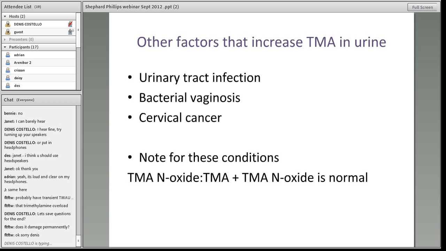They're just an increase in trimethylamine in the urine. And the difference is that if the trimethylamine to trimethylamine N-oxide ratio is calculated, it's normal in these individuals. So they have a normal ratio, it's just that, because of this particular condition, they are at that time producing a lot of trimethylamine.